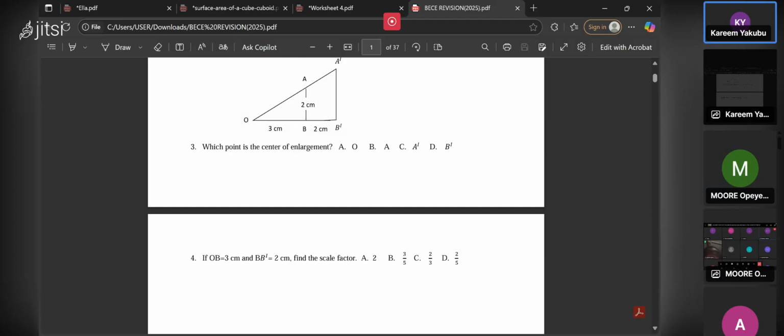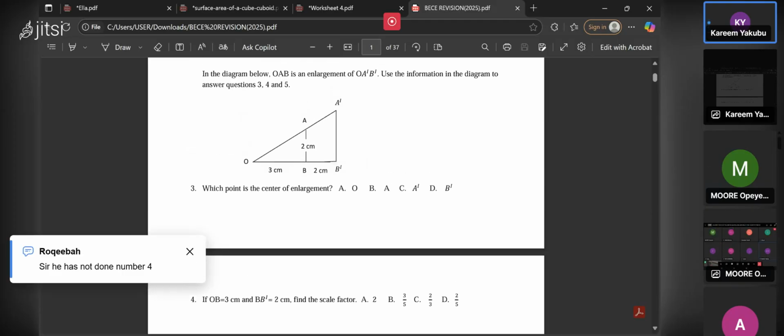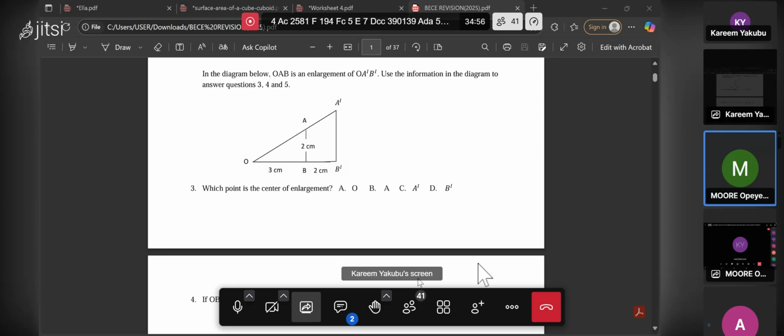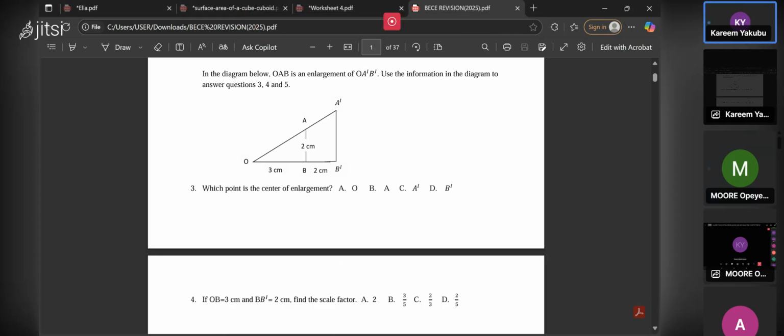Okay, so we use the concept of similar shapes to solve this. Hello, can everybody hear me loud and clear? Yes, sir. All right. The first thing we're going to do is find the ratio of corresponding sides. So AB corresponds to A prime B prime.